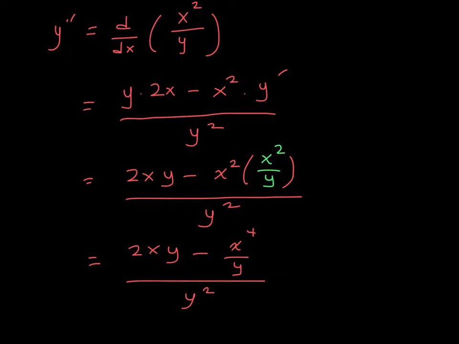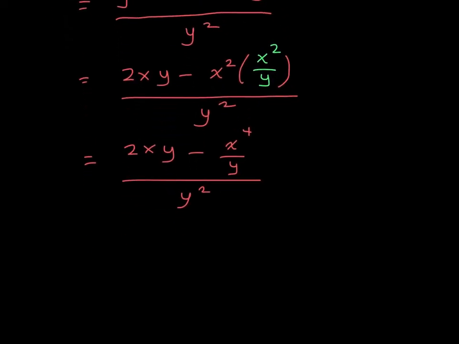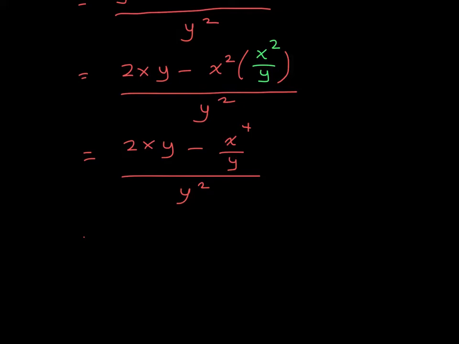I think we can simplify this further. I think it'll be really nice if we wrote the first term 2xy over y squared minus the second term, x to the fourth over y divided by y squared, which is equivalent to multiplying by 1 over y squared.